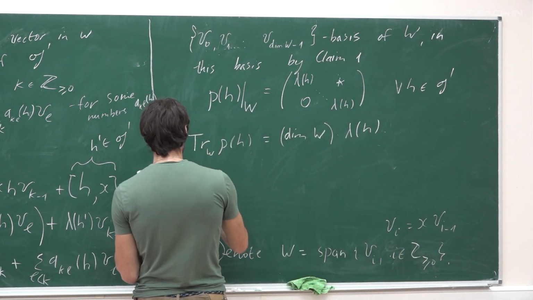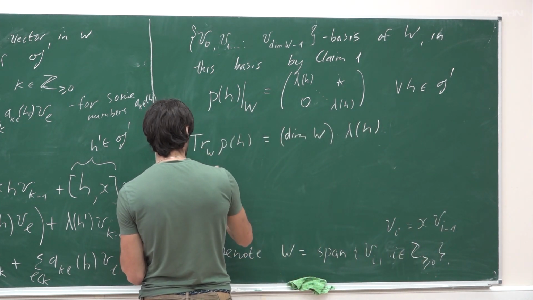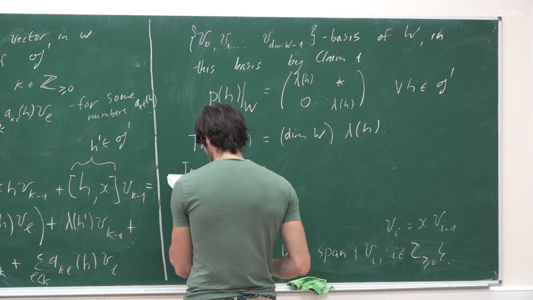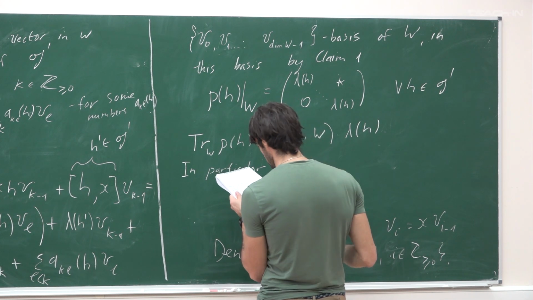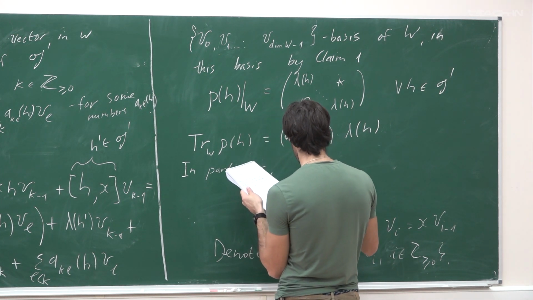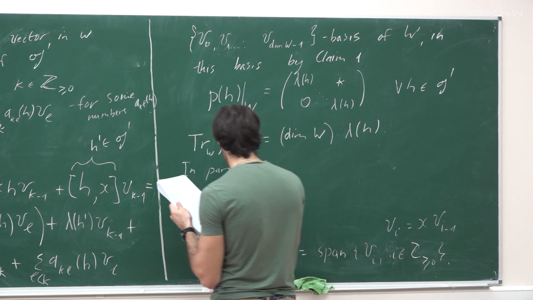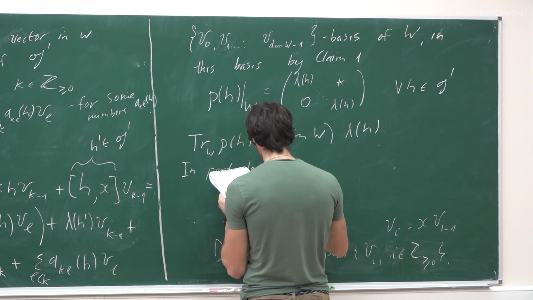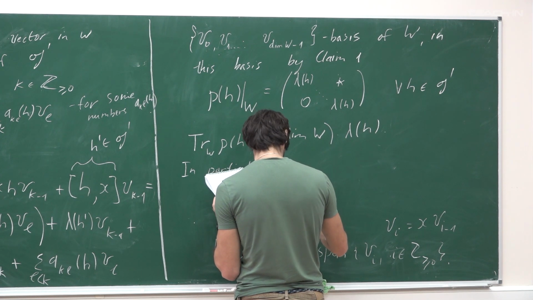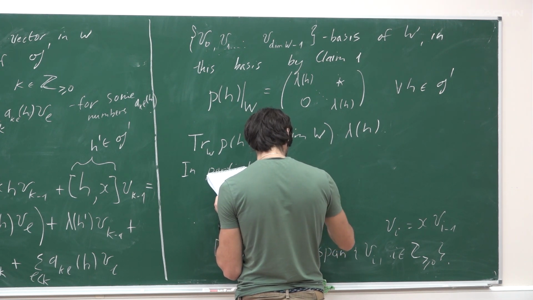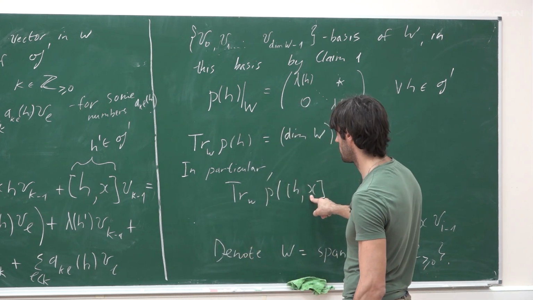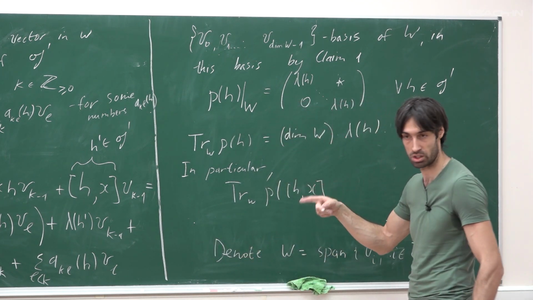But also, in particular, if I take the trace over W of rho of the following element of H, the bracket of h with x, and this x is the one that we fixed, that G is G prime plus x.